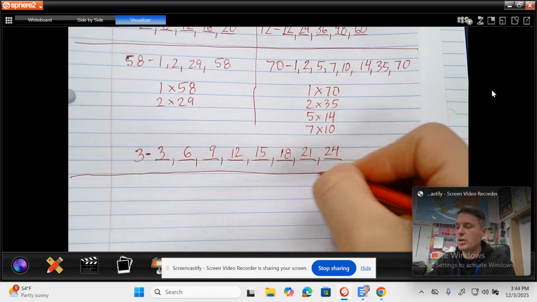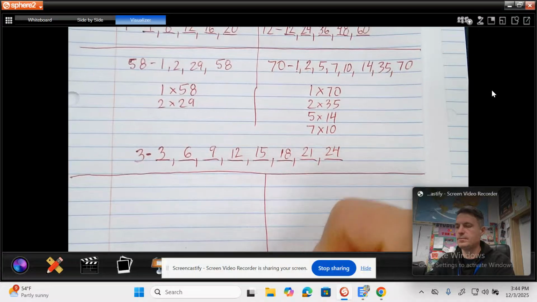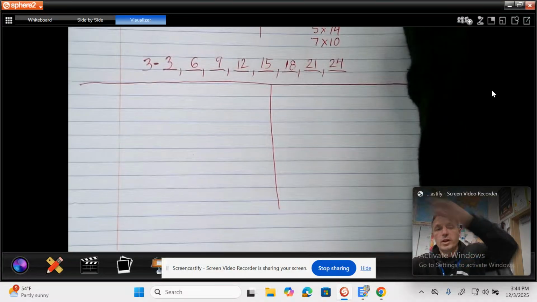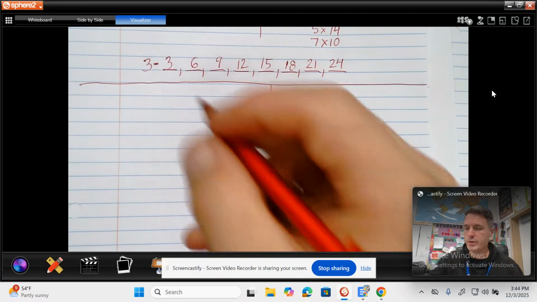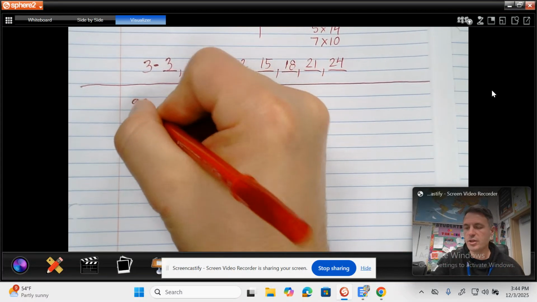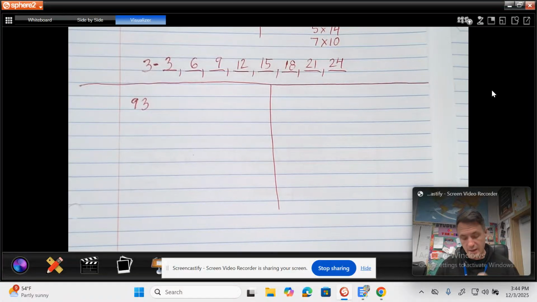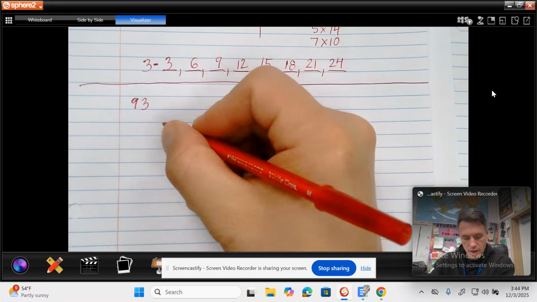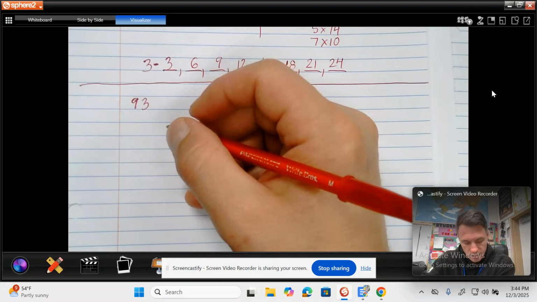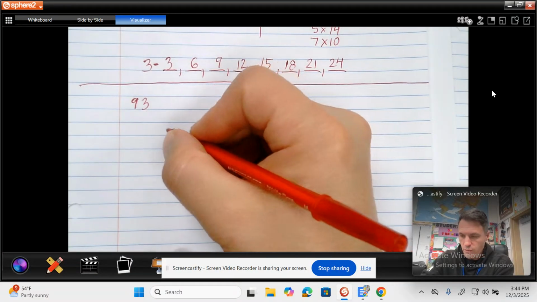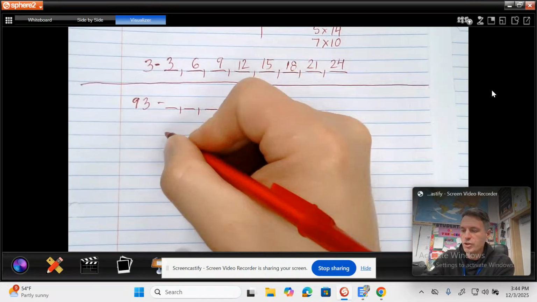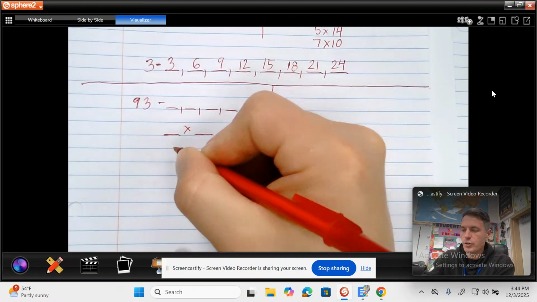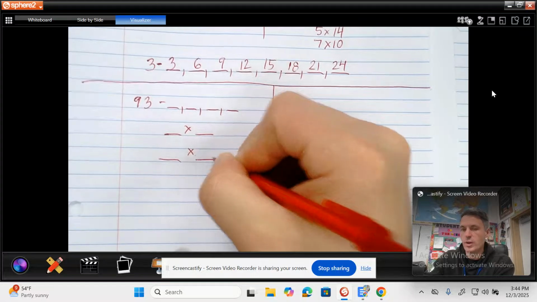Alright, I'm going to give you a couple more to do independently. I'll give you one where you have to find the factors and one where you have to find the multiples. Okay, I want you to list all the factors of 93. Go ahead, and before you start, I'm going to let you know that there is only 4 of them. Okay, 1, 2, 3, 4. And I want you to list those 4 factors as factor pairs as well.